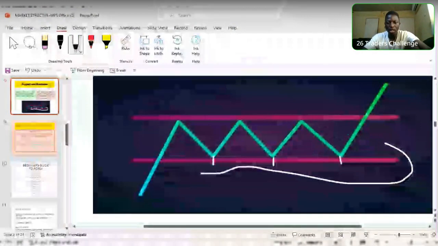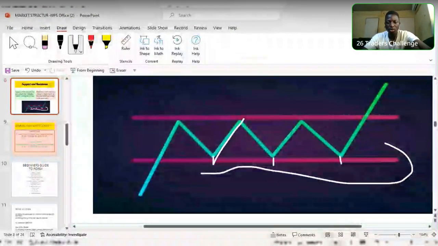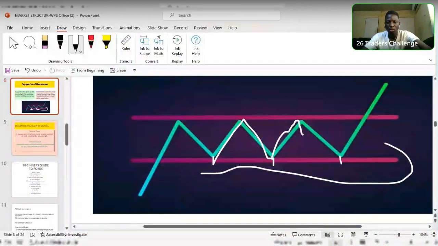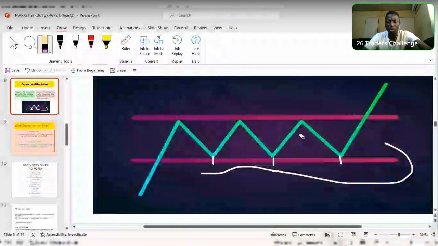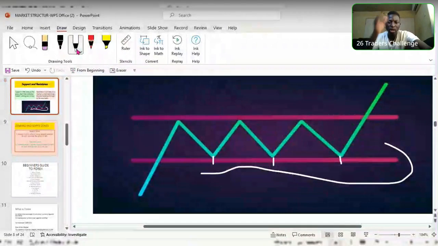Buyers are always in. It came down, they push it back to the upside, same thing over and over again. So there's a point whereby buyers are always ready and willing to put in their money to buy.